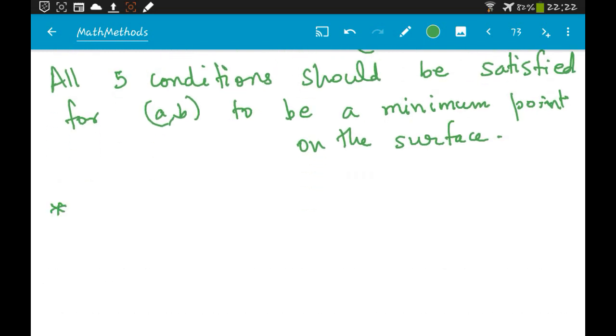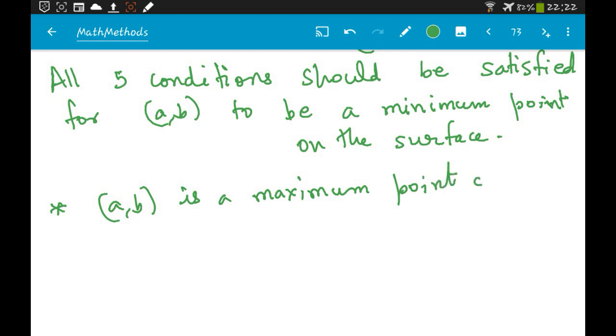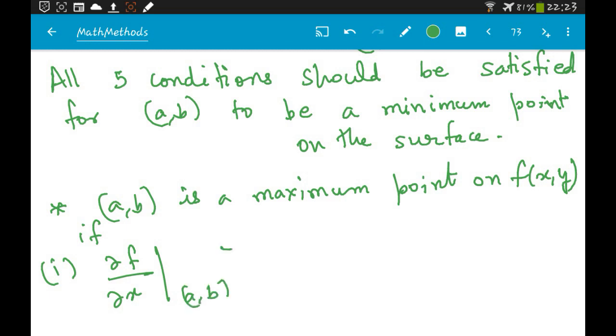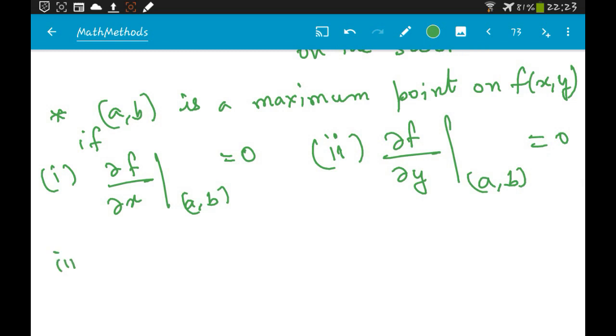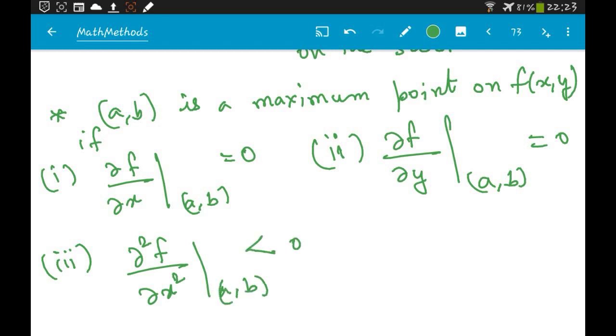Next, let's look at (a, b) is a maximum point on f of x comma y. Right. So condition 1 again, dou f by dou x at (a, b) is 0. Condition 2, dou f by dou y at (a, b) is 0. Condition 3, dou square f by dou x square at a comma b is less than 0. So this is where the sign changes.